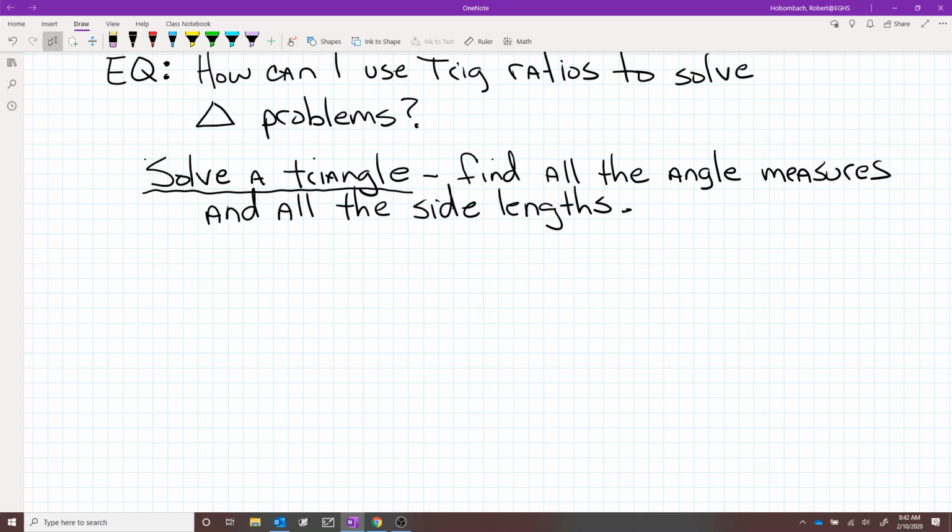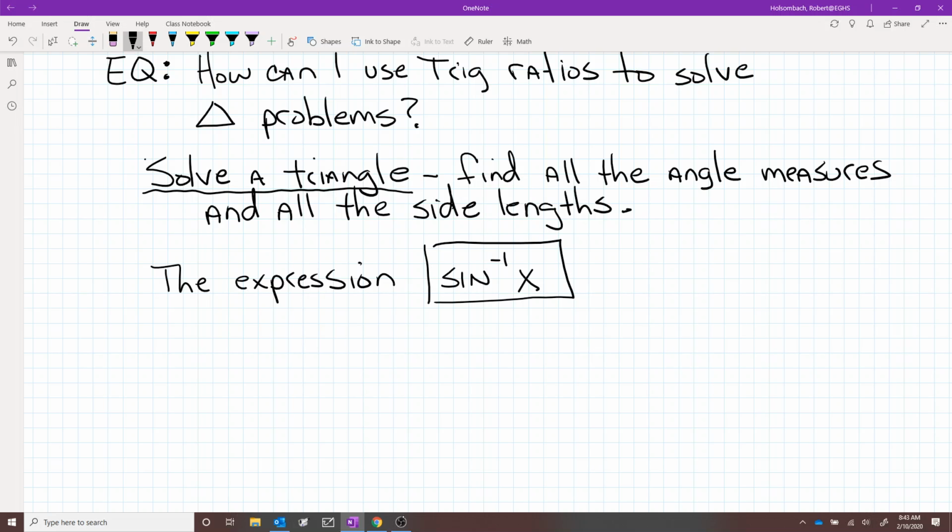Okay, and this expression right here is read, the inverse sine of x.